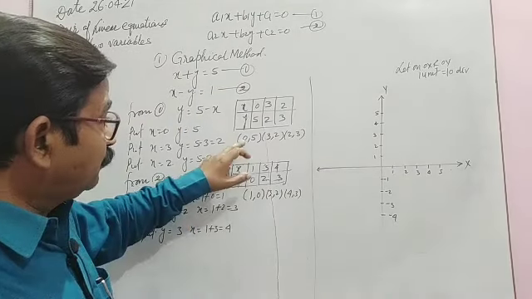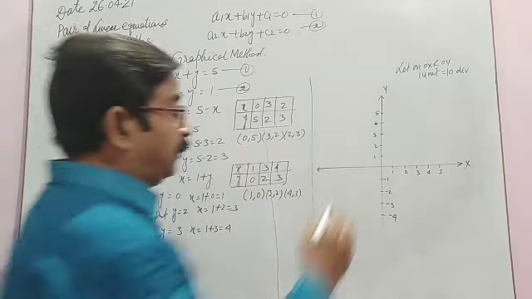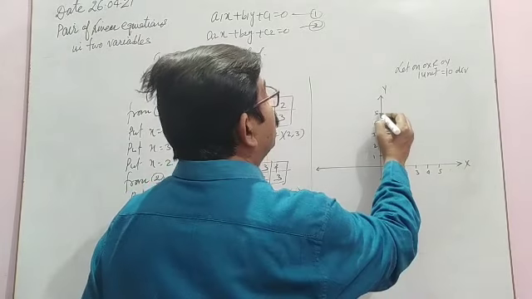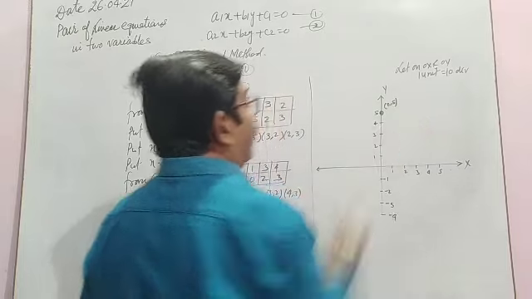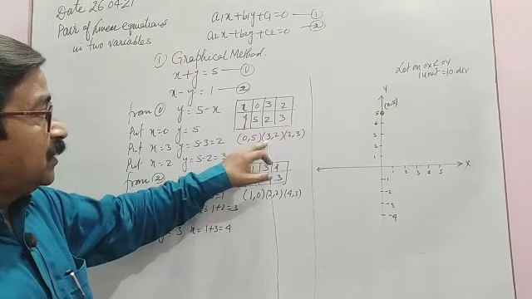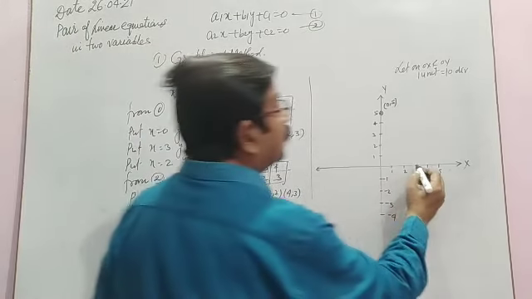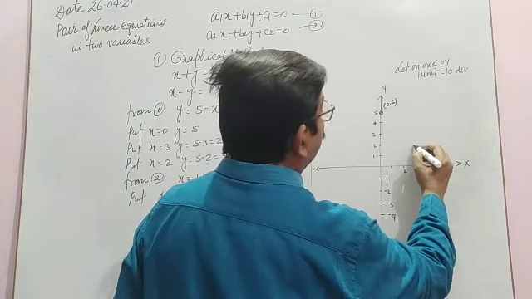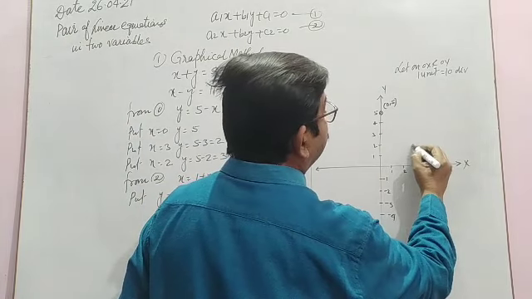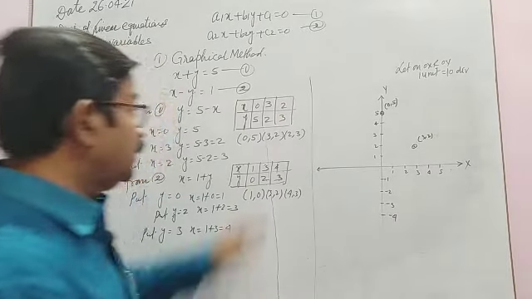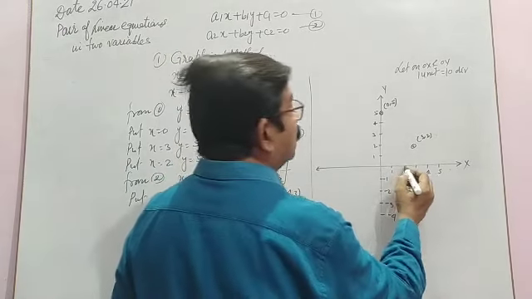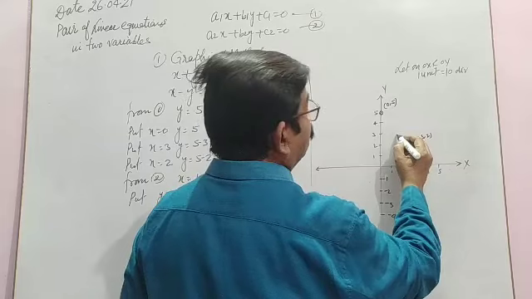Now the first one, (0, 5): x is equal to 0, y is equal to 5. We mark this point (0, 5). Now the next one is (3, 2): x is equal to 3, y is equal to 2. Let this be the point (3, 2). Another point is (2, 3): x is equal to 2, y is equal to 3.